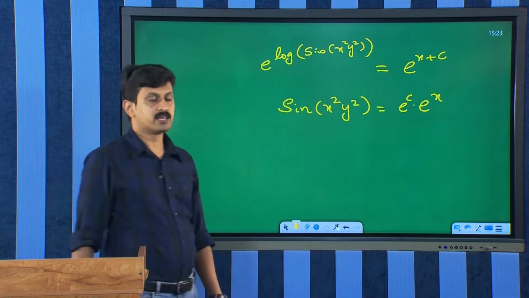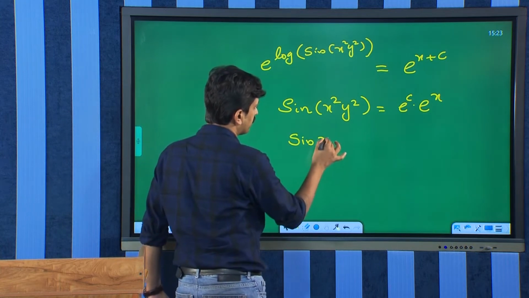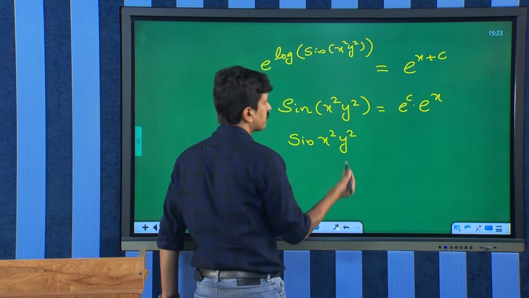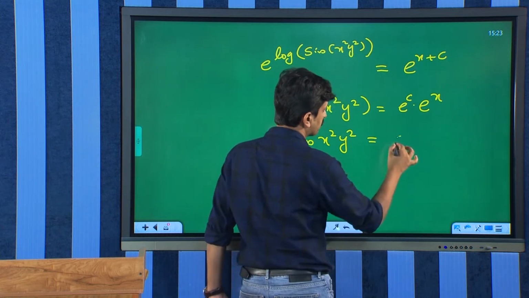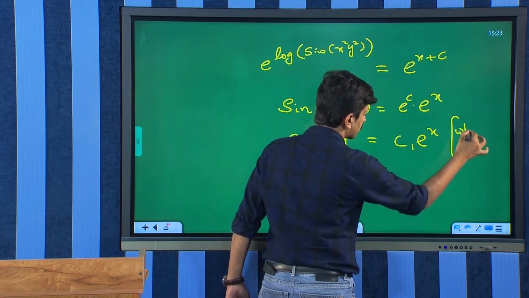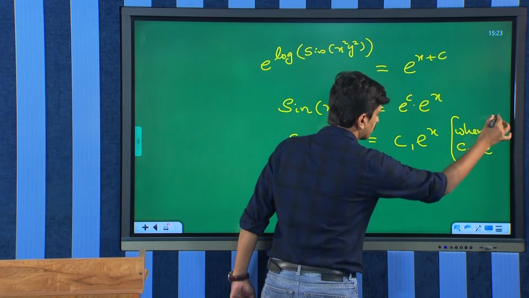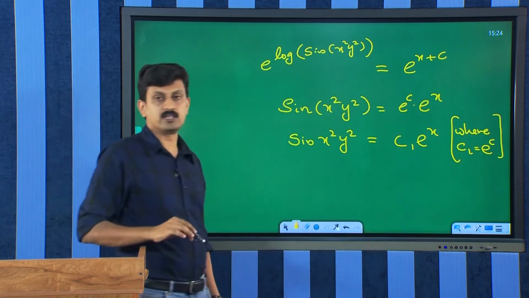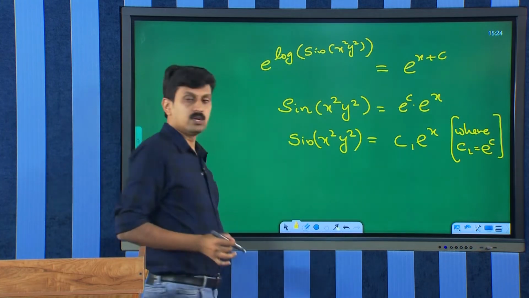Okay, fine. Therefore, we can write this as sine of x square y square is equal to e raised to c times e raised to x. I would like to put this as c1 e raised to x, where c1 is equal to e raised to c. Okay, fine.